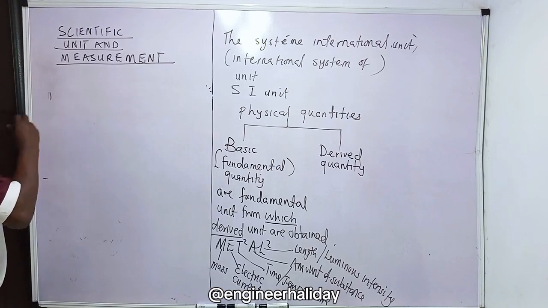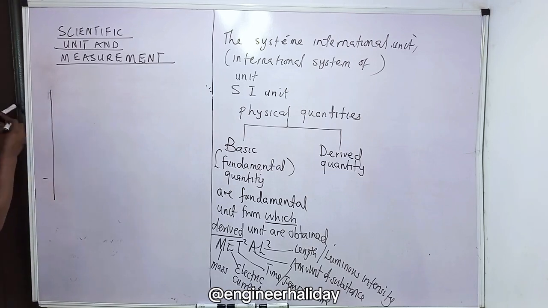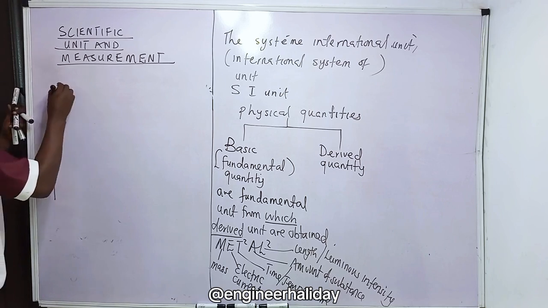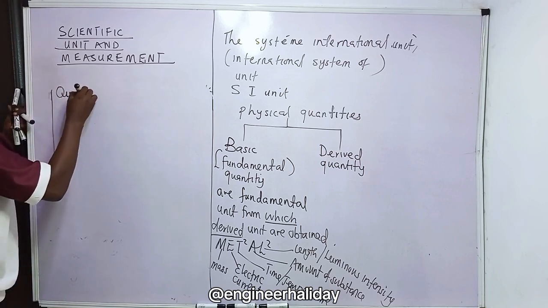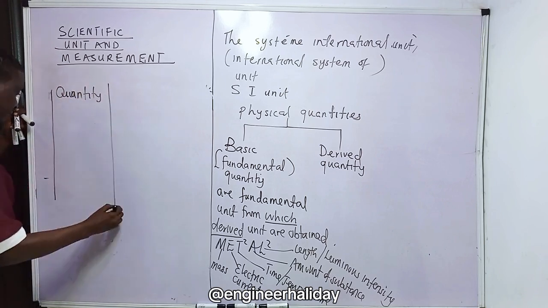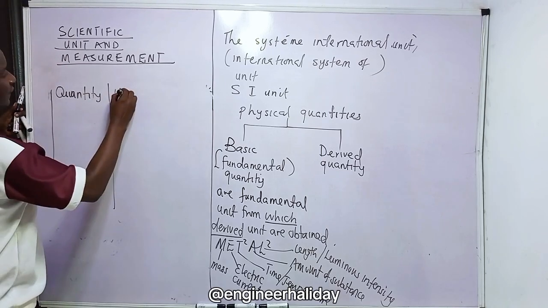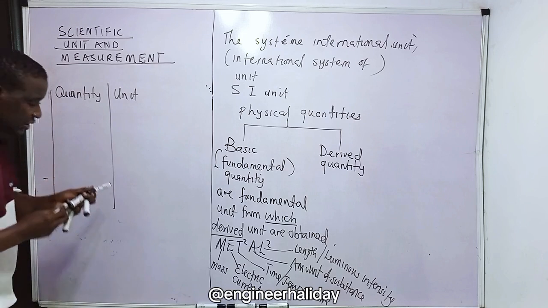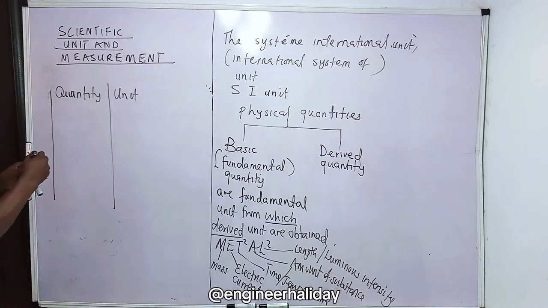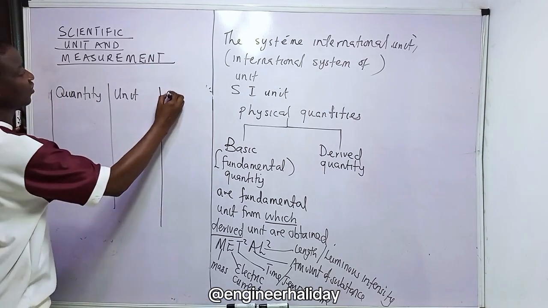Let's have 3 lines: the quantity, the units, and the symbol.